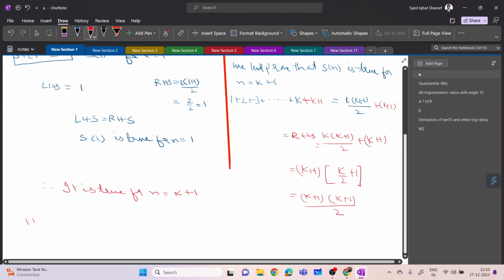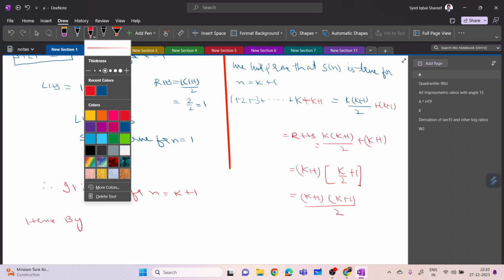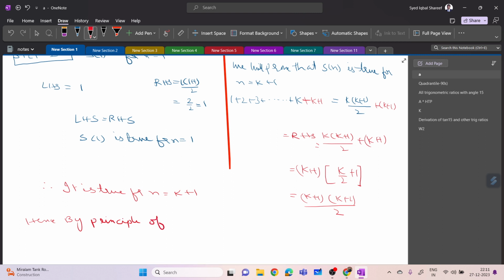Hence, by principle of mathematical induction, S of n is true for all values of n.